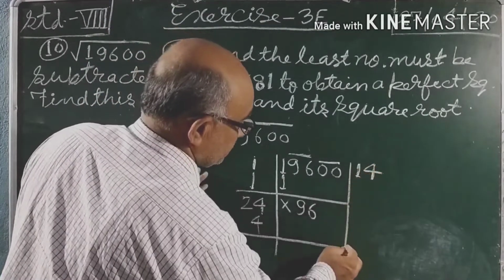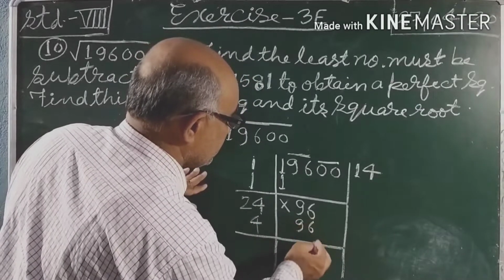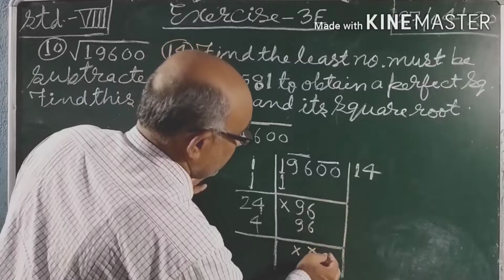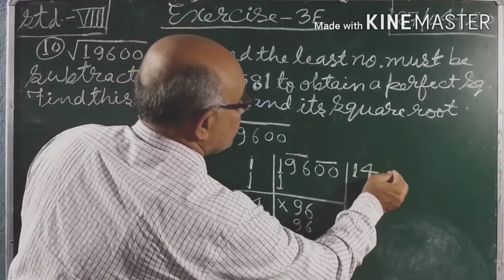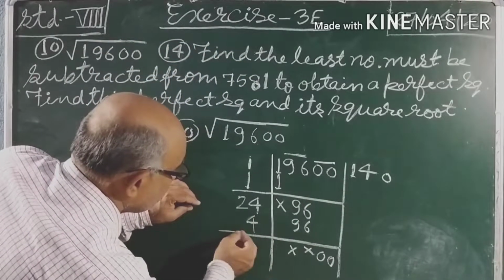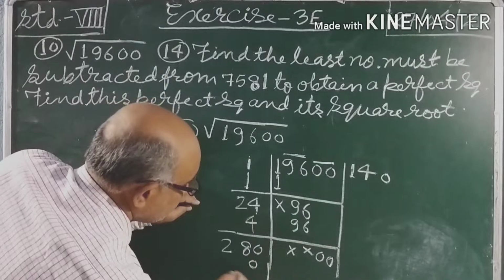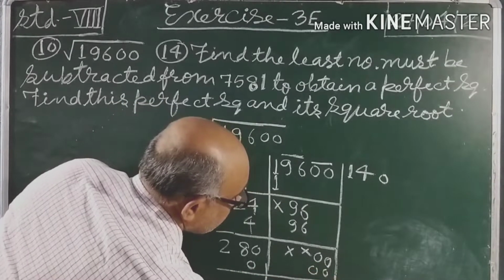4 times 24 for the 96. So cancel it. Now double 0 comes here, and 0 times 4 is 0, 4 4 8, 2 0 times. Write 0 here.